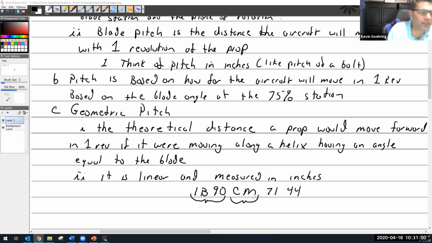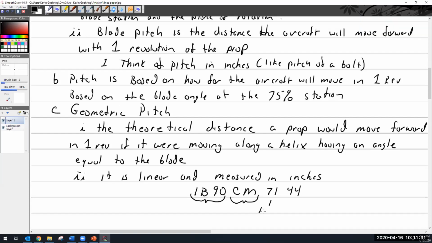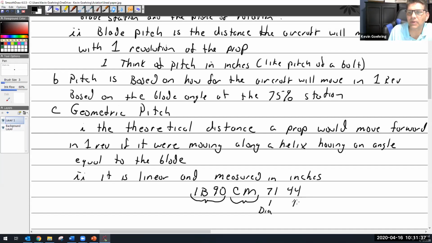Those props in the type certificate data sheet are missing some additional information, but it's how the prop is pitched, if you will. You can have a 1B90 CM in all different kinds of flavors, and it said not over 69, not under 67. Well, this one happens to be the length, the diameter, yes, diameter. That's the word I wanted. And this right here is the pitch.